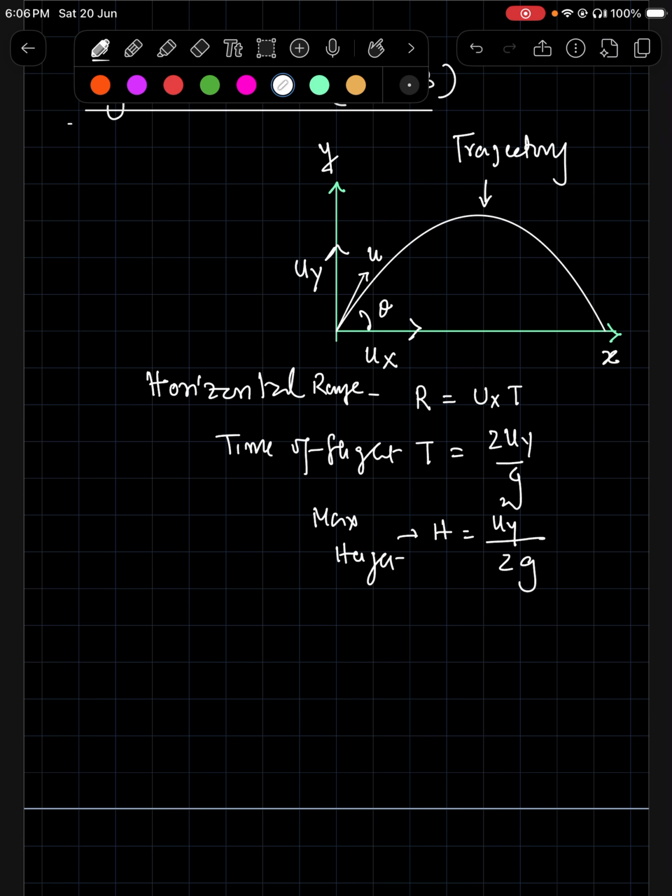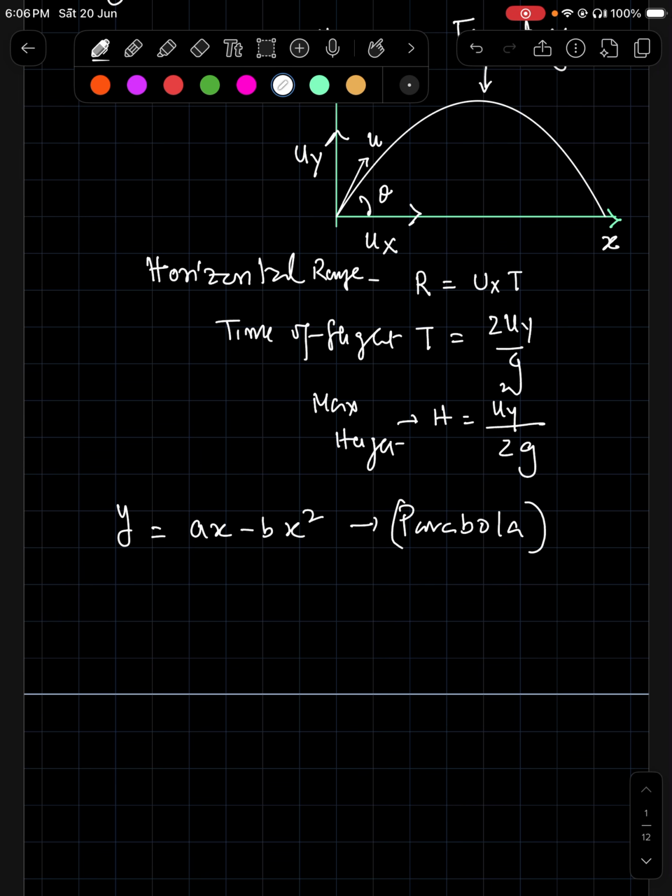The equation of the trajectory is given by y equal to ax minus bx square, which is the equation of a parabola. And from the former analysis, we found that a by b equal to R, where R is the range of the projectile.